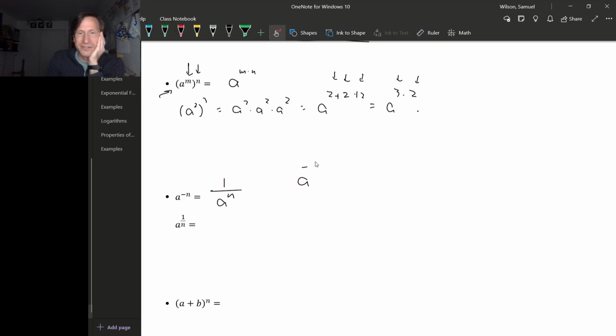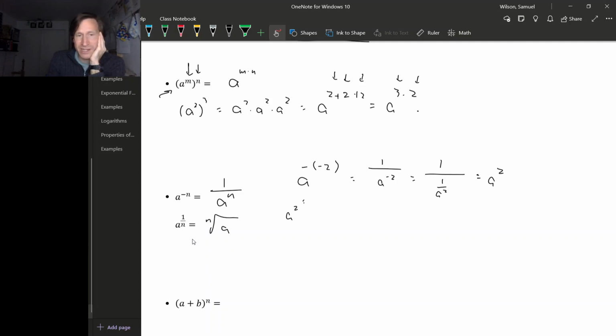So if you have, say, a to the negative negative 2, that's a squared, but on the other hand it's 1 over a to the negative 2, but that's 1 over 1 over a squared, which is a squared. A fractional exponent, so a to the 1 over n, that's the nth root of a.